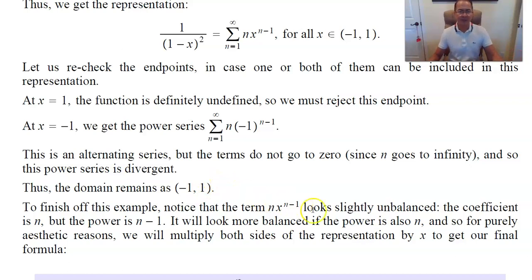No change. Now, I don't know about you, but here we have n, here we have n minus 1. Wouldn't it be more beautiful if you had n x to the n and not n minus 1?